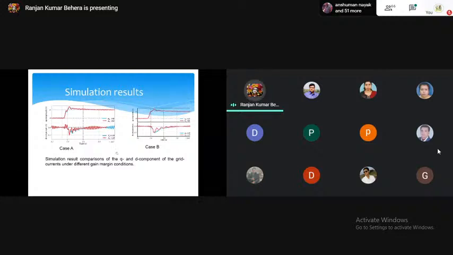You can see that the D axis and Q component are both decoupled. When there is a change in the Q axis component, there is no effect on the D axis. This is called the decoupling method: how you can decouple this system.